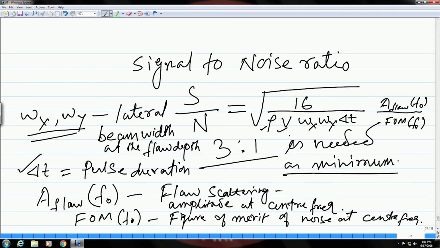And here you could see that the signal to noise ratio or the detectability is directly proportional to the size of the flaw, which is obvious. Larger the flaw, better would be its detectability. You could see how that comes up in this equation, and if the density of the material is higher or the velocity of sound wave in the material is higher, then the detectability goes down.